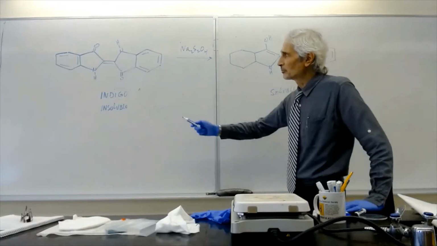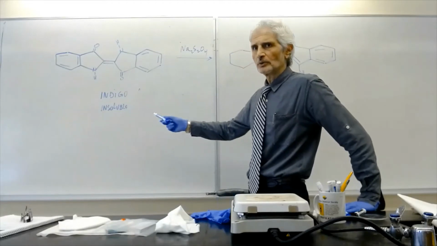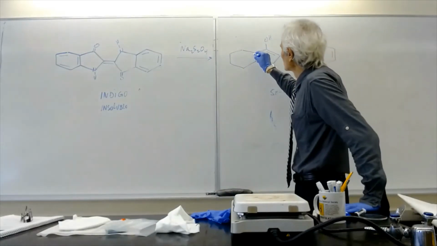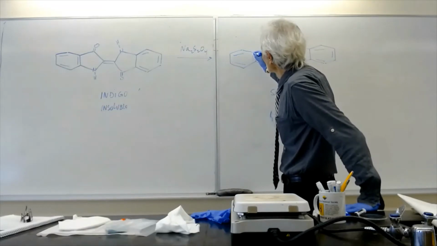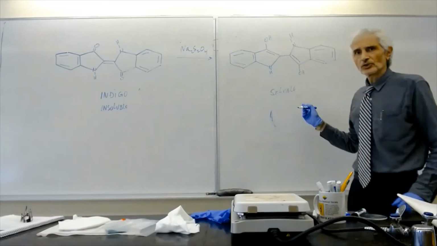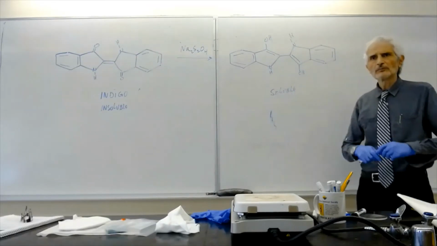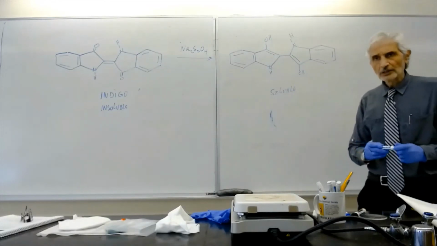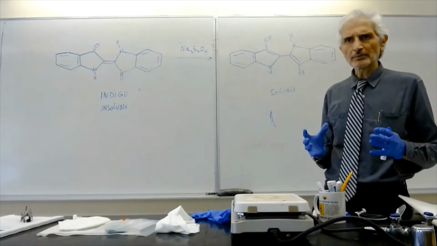We're going from an insoluble indigo into a soluble dye. In this way, the compound becomes water soluble, and then at that point, you can bring it into contact with the desired fiber.